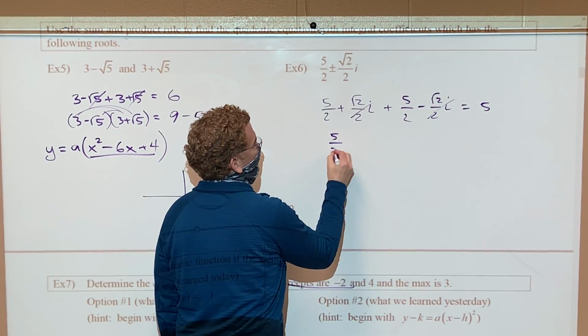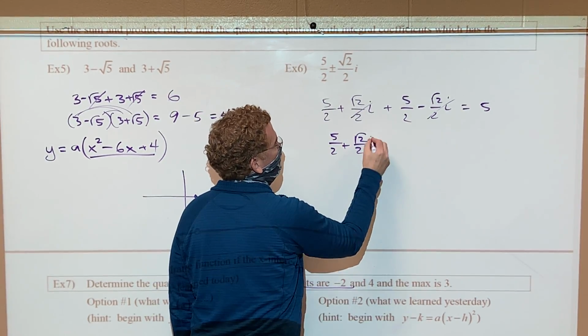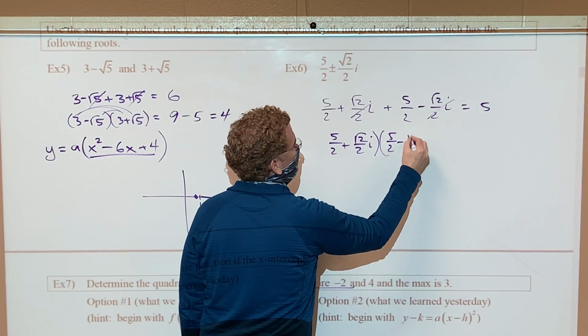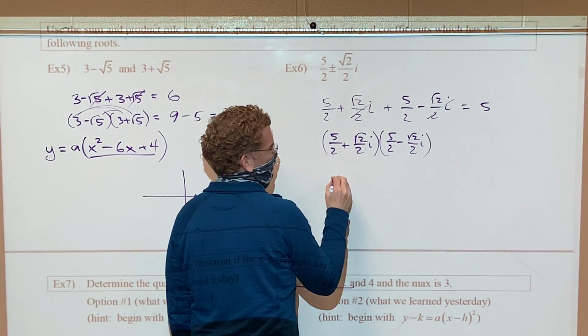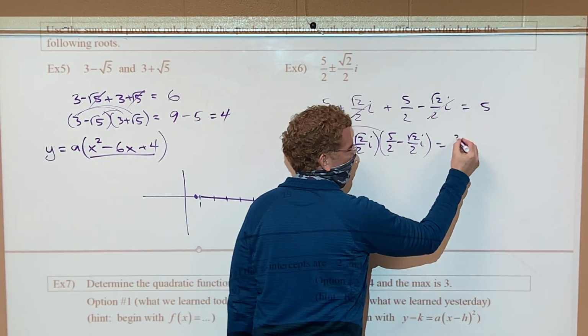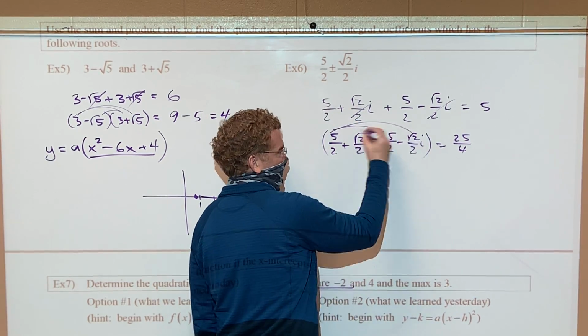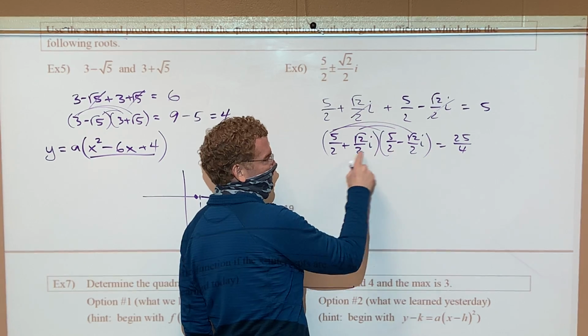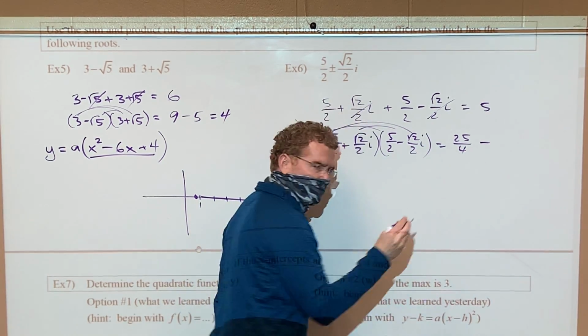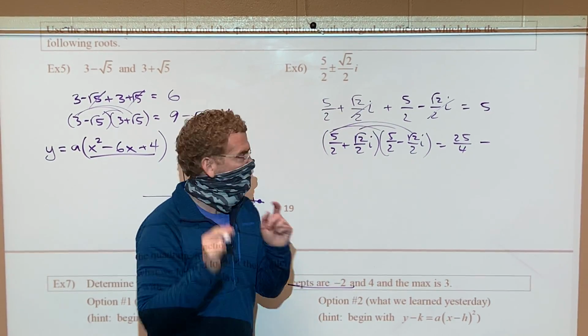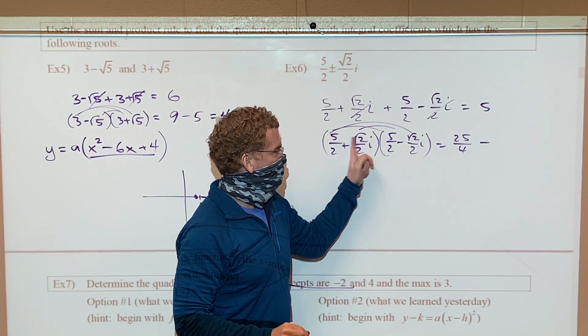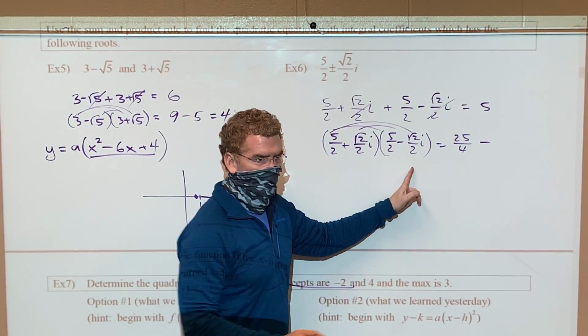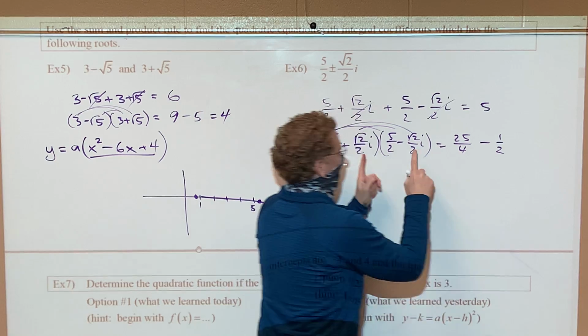And what do I get when I multiply them? So 25 fourths. What happens with the outside inside? Cancels. And then the last would give me negative. Take your time on these. Negative what? 2 over 4, which is a half. I squared.